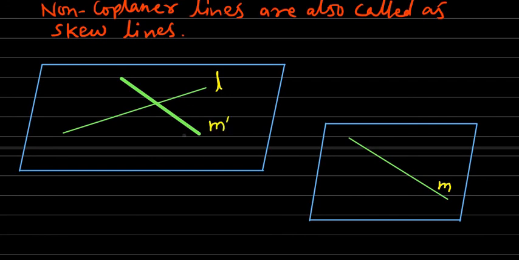In such a way, the angle between two non-intersecting or skew lines is defined. Or the line can be drawn in the first plane, or we can draw a line which is parallel to the line L in the second plane in such a way that it intersects the line M. So that is also permissible.